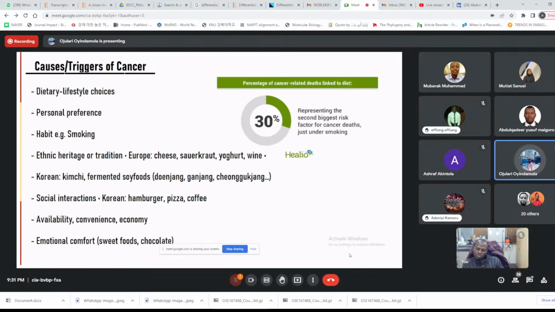How do you know how many calories you need? What are those factors to consider? The first thing is your age, your gender, how active you are. What's your daily lifestyle like?